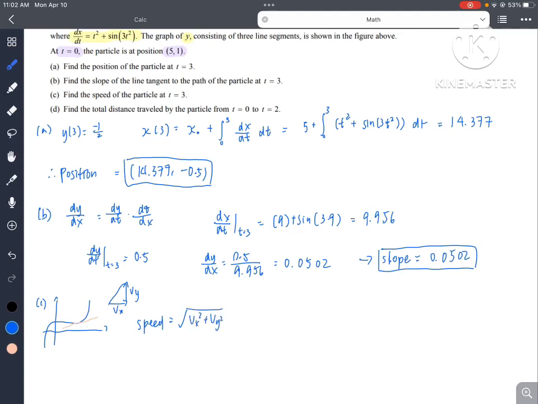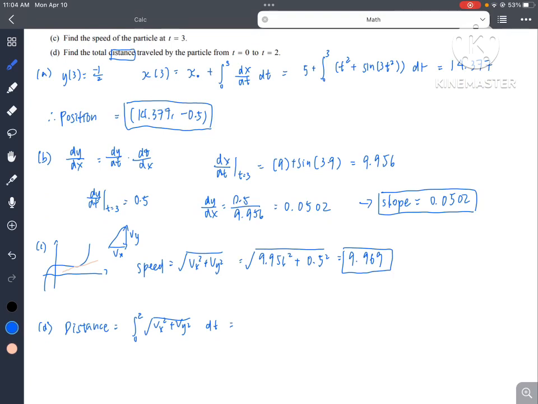And this is just knowledge from physics 11. We find that the speed is the square root of 9.956 squared plus 0.5 squared. And then we can use a calculator to square and take the square root, which is equal to 9.969.